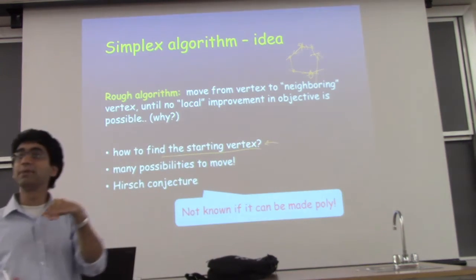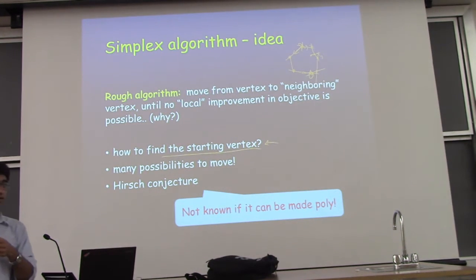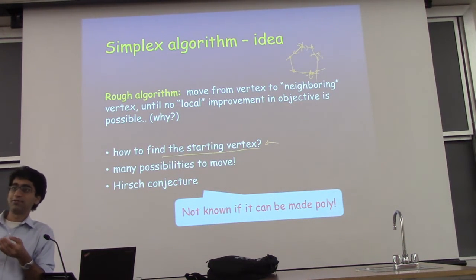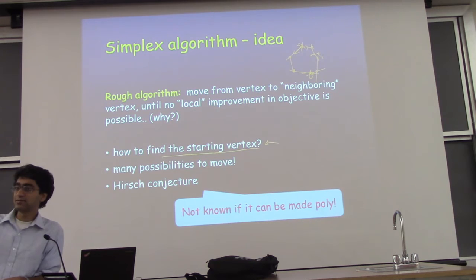As you would imagine, because you have n-dimensional things, you need n equations to find one point. So that's how you find one vertex.